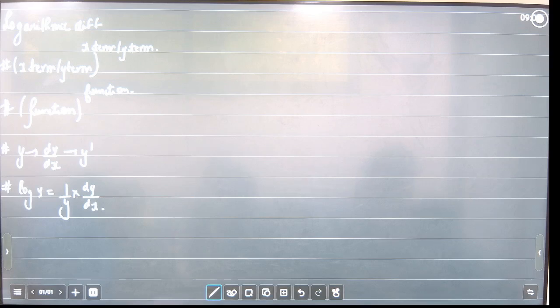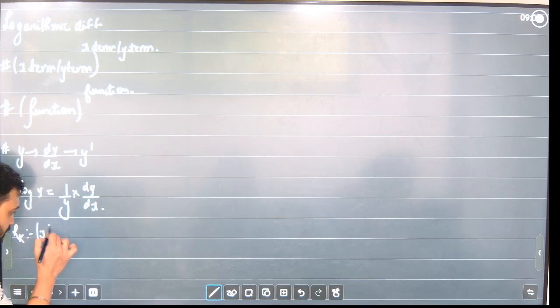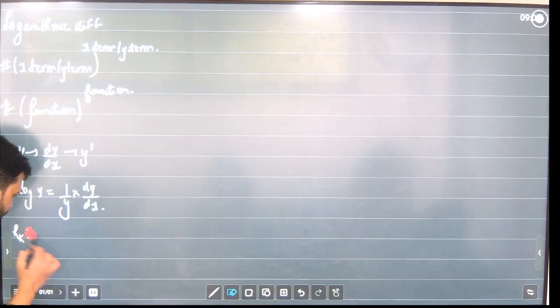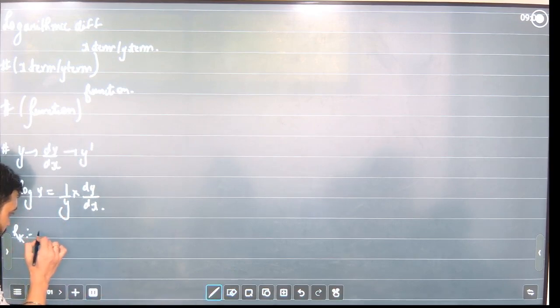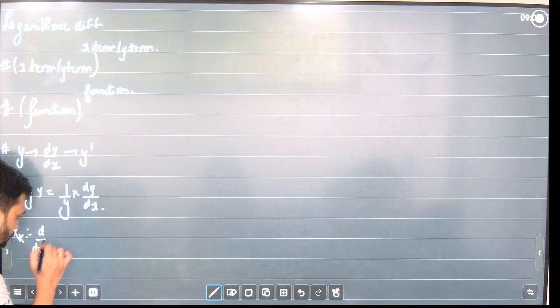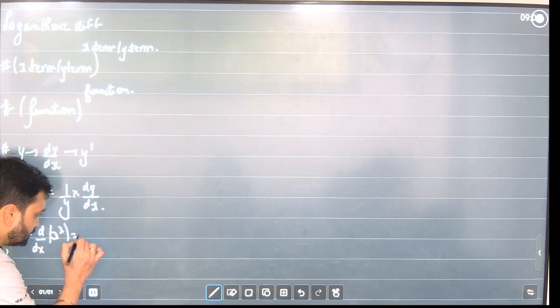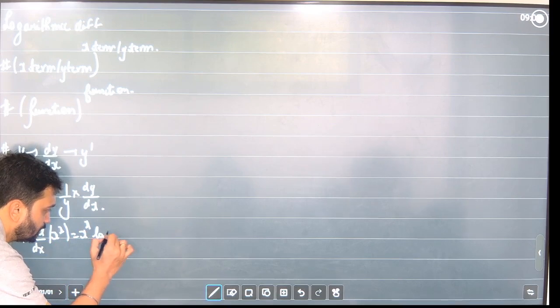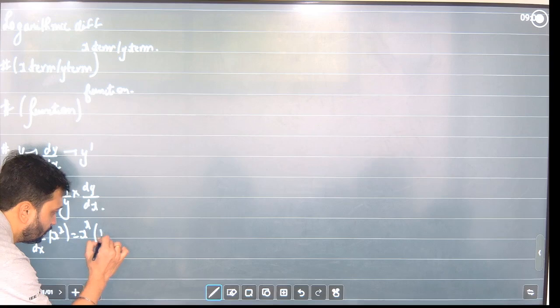Now, I had remarked in the first lecture that the derivative of x raised to x, d by dx of x raised to x, is equal to x raised to x into (1 plus log x).